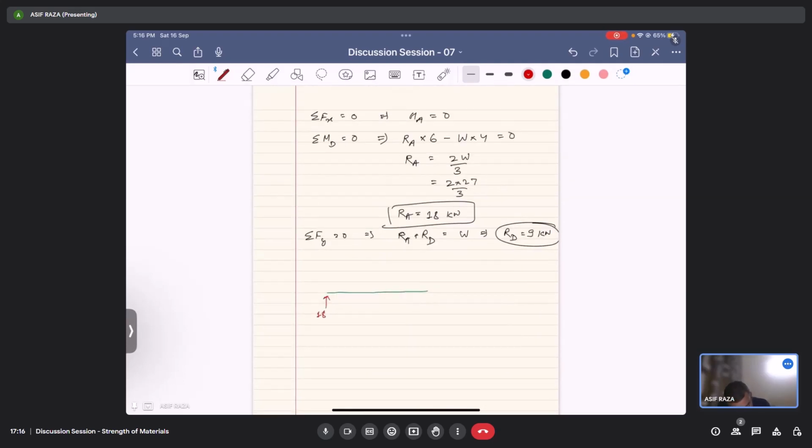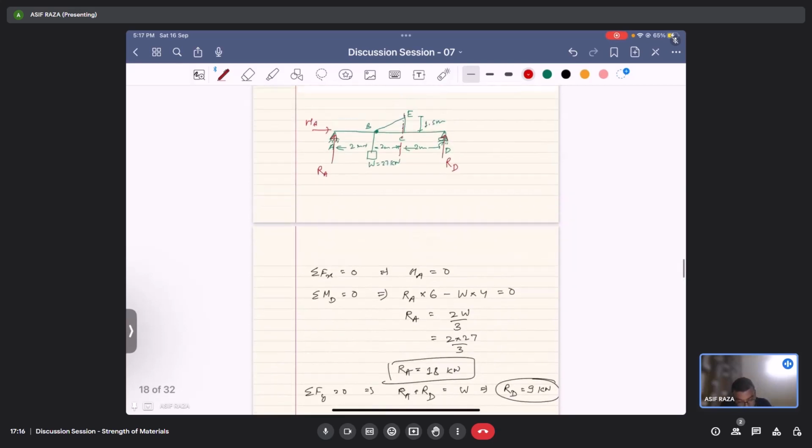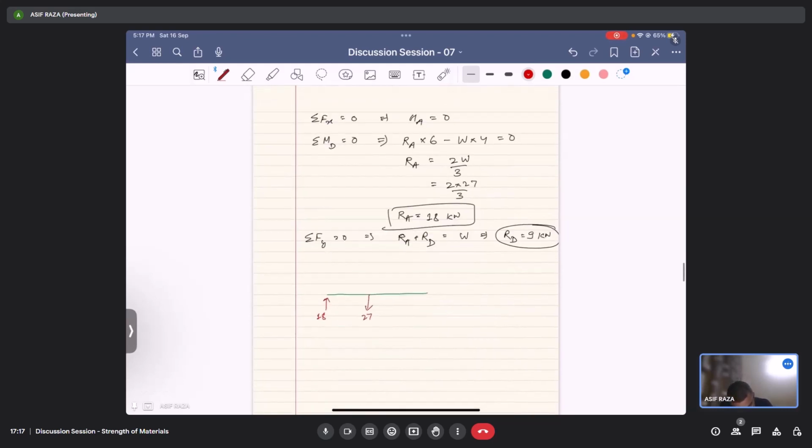There is a weight of 27 kilonewton acting downwards, right? And there would be a tension here. The tension develops, this is 27, and the direction is kind of this.